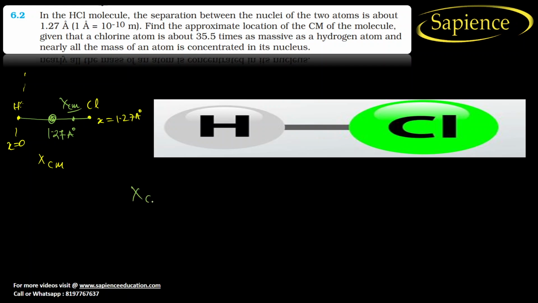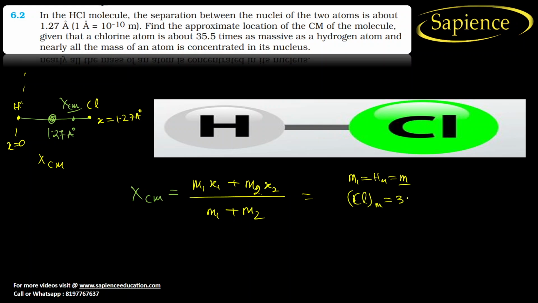We know that the position of the center of mass x_m is equal to (m1 x1 + m2 x2) divided by (m1 + m2). As per the question, let us consider the mass of hydrogen m1 is m, and the mass of chlorine is 35.5 times m.